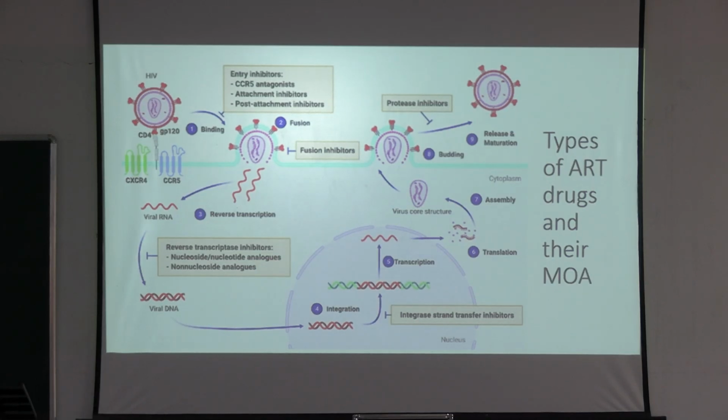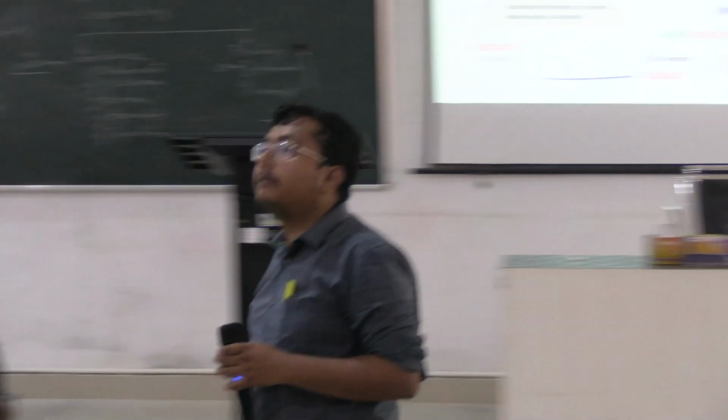Third, reverse transcriptase inhibitors, where we have two types, that is NRTI and NNRTI. Then here, integrase strand inhibitors, that's the integrase inhibitor that we know. Then coming to the protease inhibitor, when it is getting out from the cell, and also we can inhibit release and maturation, but this kind of release and maturation inhibitor drugs are still at an experimental stage.